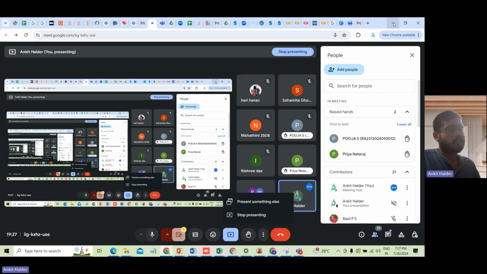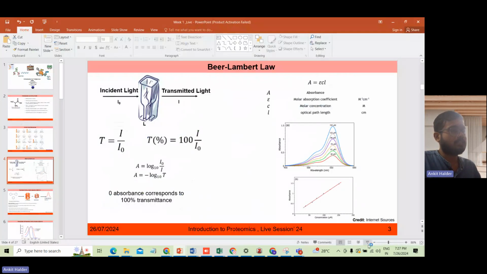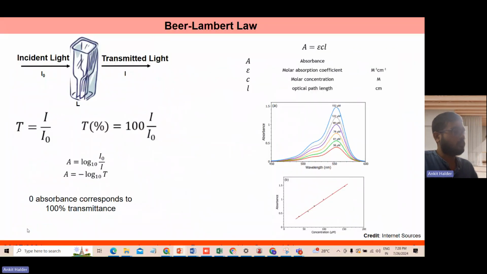So before going into that concept, we need to have an understanding of what is the incidence, what is the transmittance, what is the absorbance. As you said, absorbance is directly proportional to concentration and length, so the application is that we can measure the unknown concentration of a particular solution.